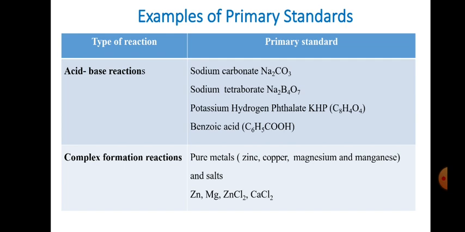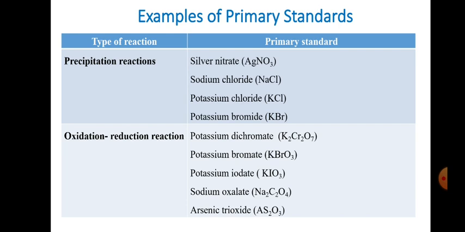These are examples of primary standards for complex formation reactions. Then for precipitation titration, where a precipitation reaction is involved, we usually use silver nitrate, AgNO3, but because it is costly, we prefer to use other standards. So sodium chloride is another primary standard for such reactions. Then potassium chloride, KCl, and potassium bromide can also be used as primary standards.